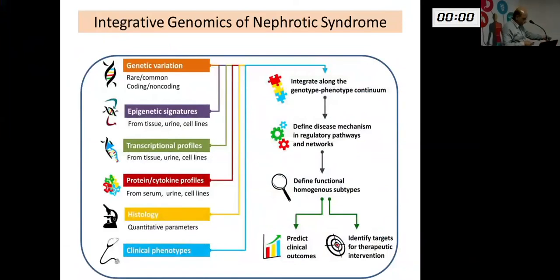If you were to look at clinical phenotypes right at the bottom, histology, protein cytokine profiling, transcriptional profiling, epigenetic signatures, using proteomics, and genetic variation, integrate these 7 signals and then define disease mechanisms, functional subtypes, and predict clinical outcomes. This is the grand plan with renal tissue today.